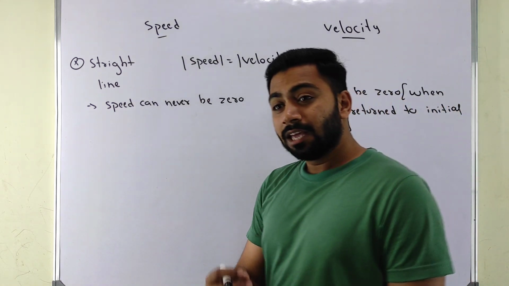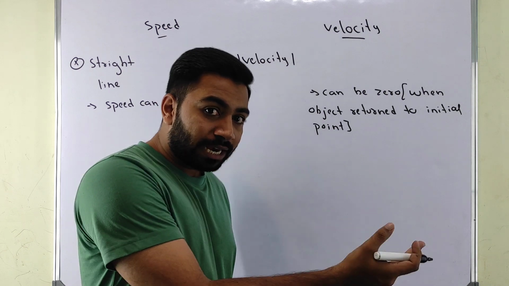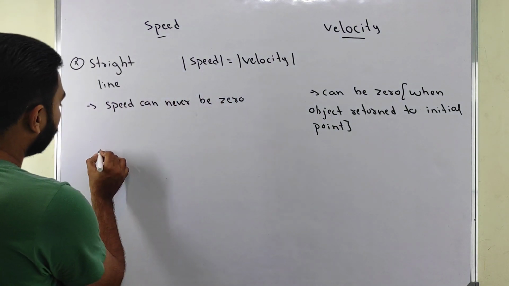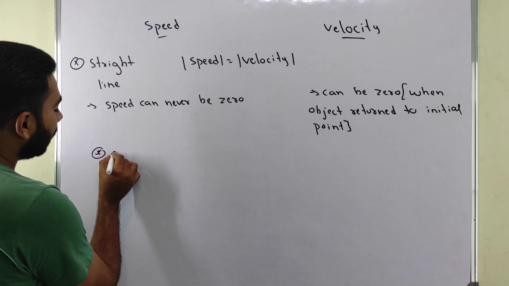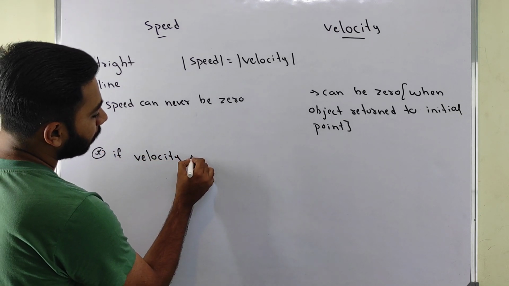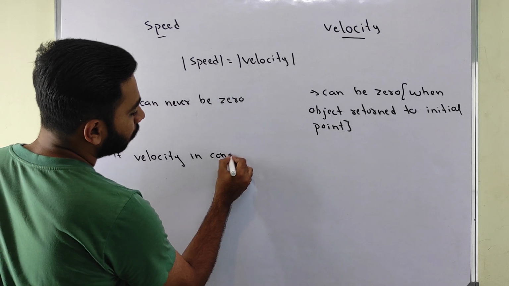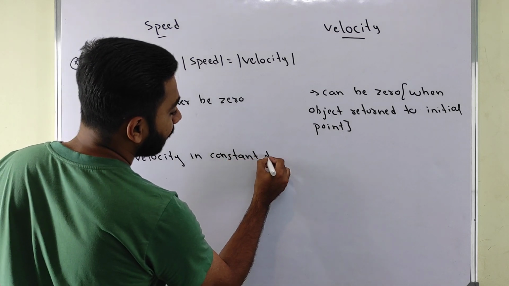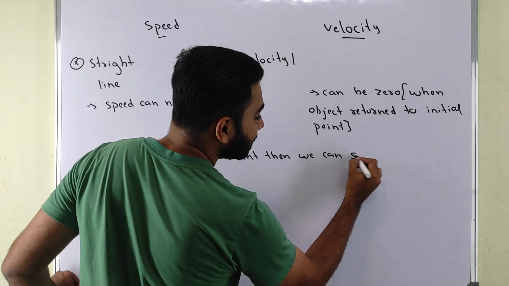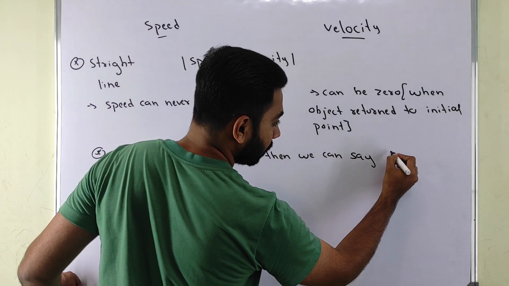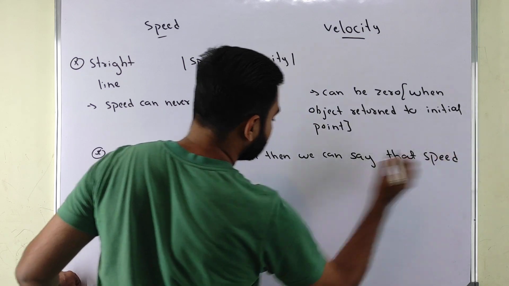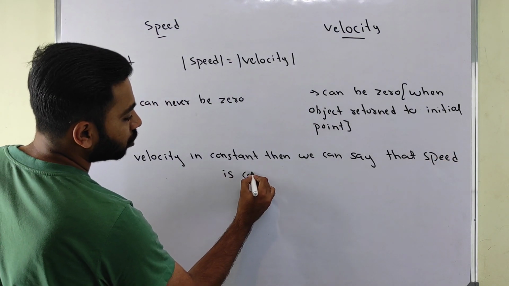So see, if your velocity is constant, we can say speed is constant. Most important point: if velocity is constant, then we can say that speed is constant.